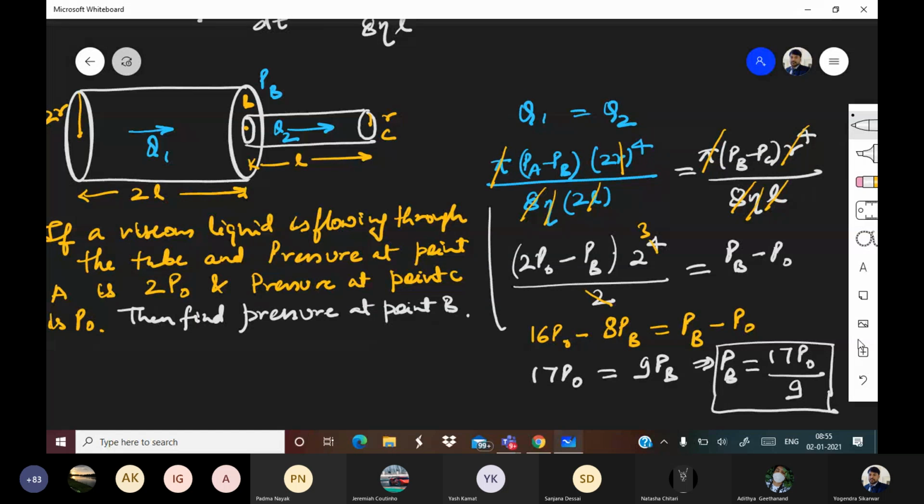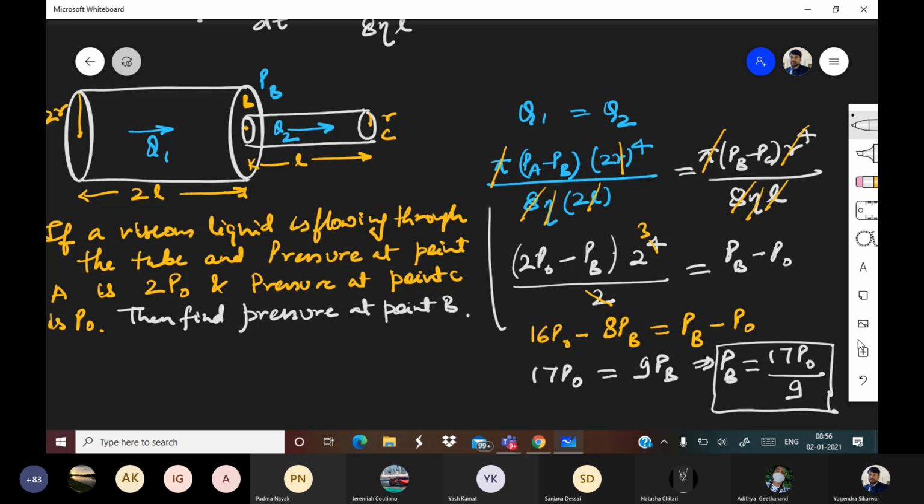Daryl is asking, sir, can you please repeat how you got Q1 is equal to Q2? Because the amount of liquid which is entering and the amount of liquid which is exiting will be equal. The volume of that liquid will be equal. If you have a pipe in which liquid is entering from one side, then the liquid is exiting from the other side, and these two things will be equal.